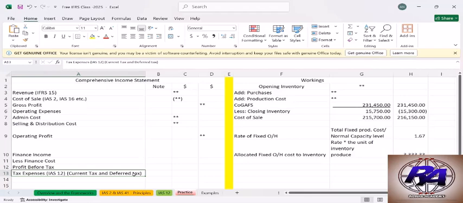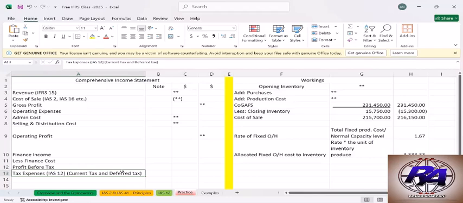And how do you get this value? How do you get this figure? That is why we are here today. So today's discussion is on how to get our current tax for the period, and how to get our deferred tax for the period, as well as, when we go to the statement of financial position, there is an aspect of the current tax and the deferred tax that must be in the statement of financial position.